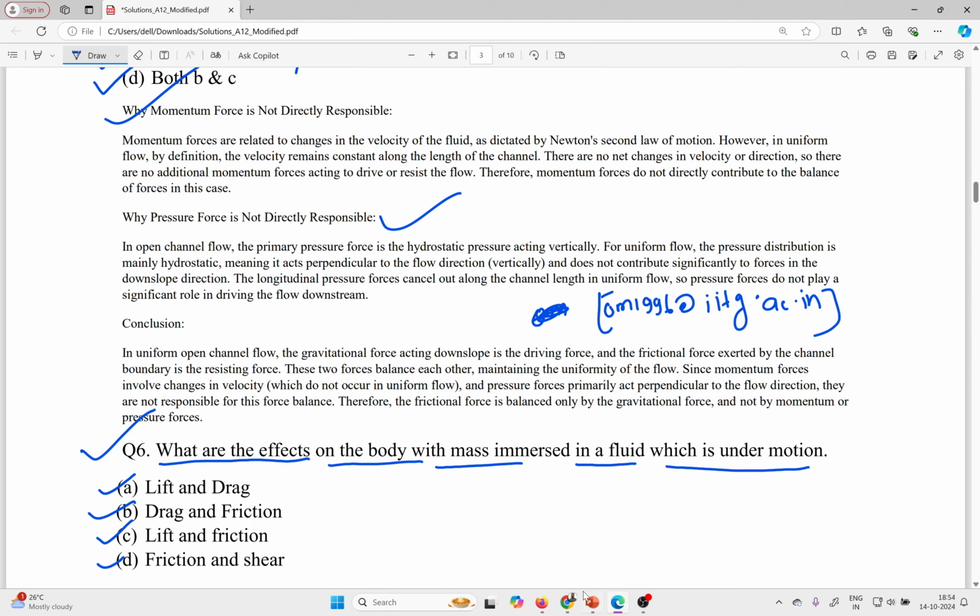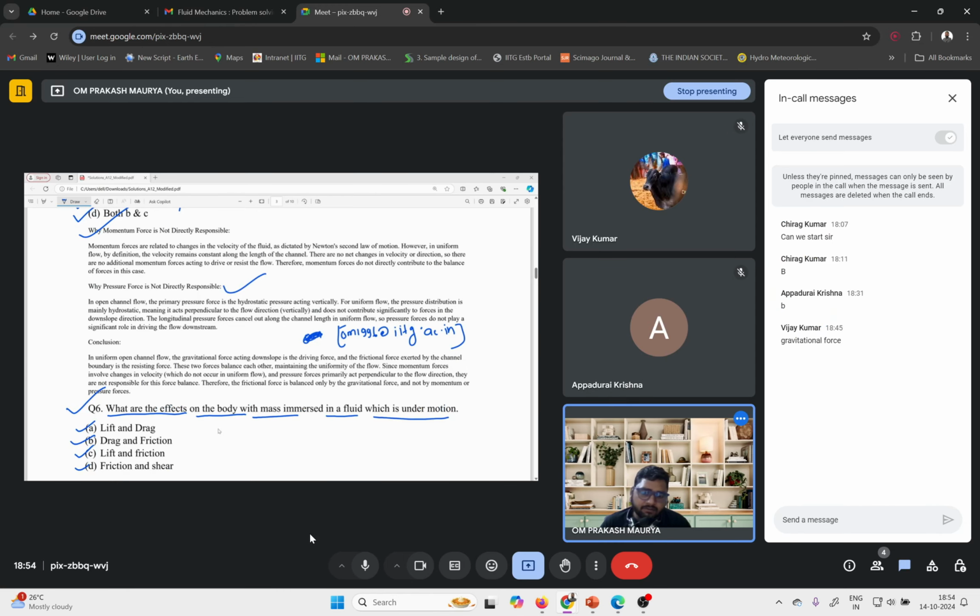So question number 6, please try to give your answer. First try to understand what the question is telling, then you can write. Okay, you are telling option A is correct.